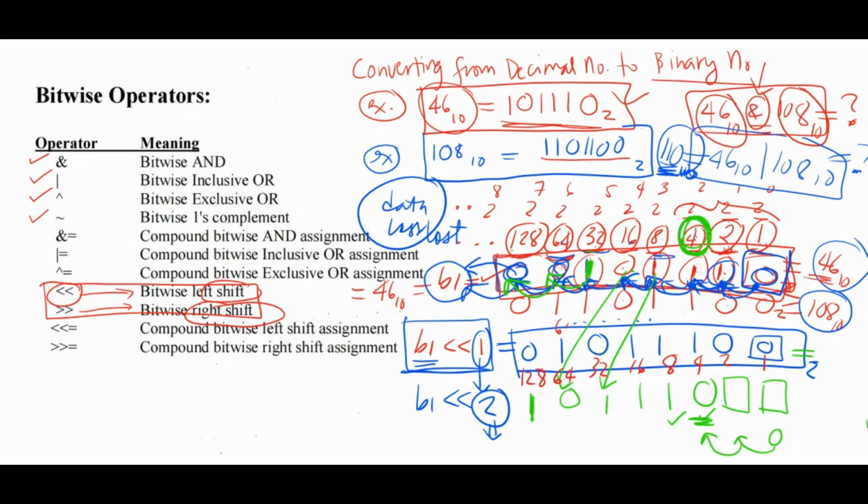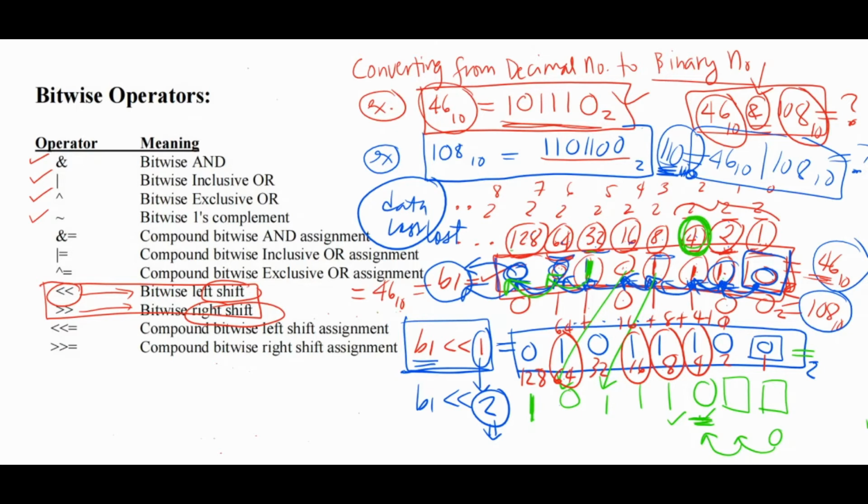This is now 64 plus 16 plus 8 plus 4, and this is 0, so plus 0.